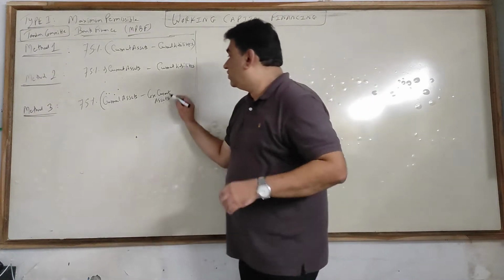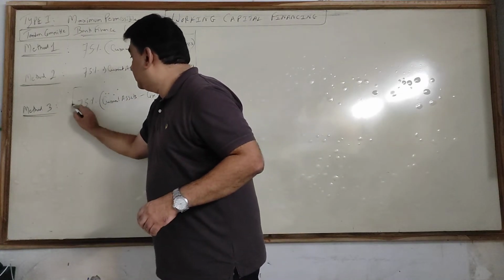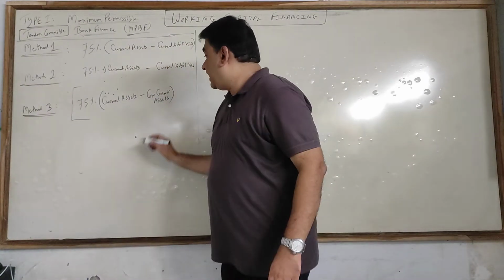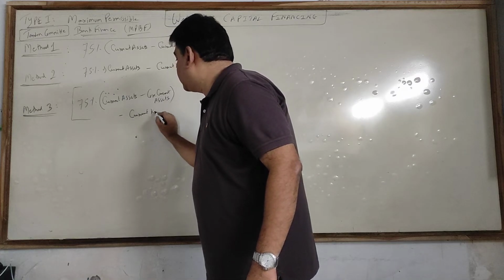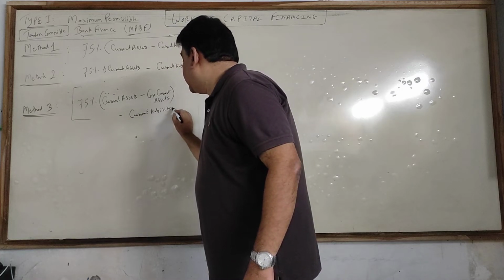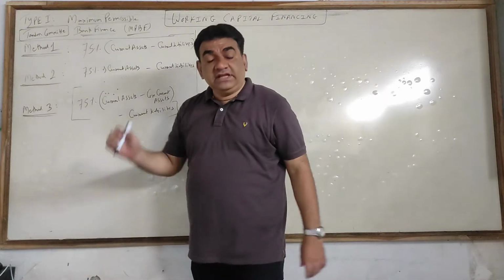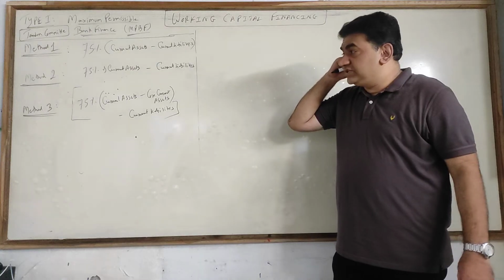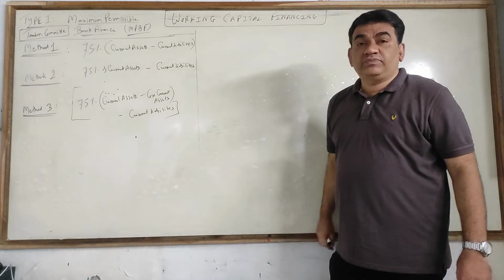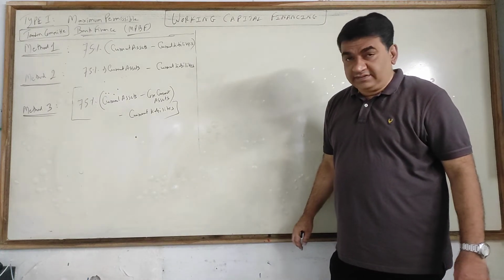Subtract core current assets from current assets, and from that you deduct your current liabilities. That will give you your working capital, that is maximum permissible bank finance, as per method number 3.